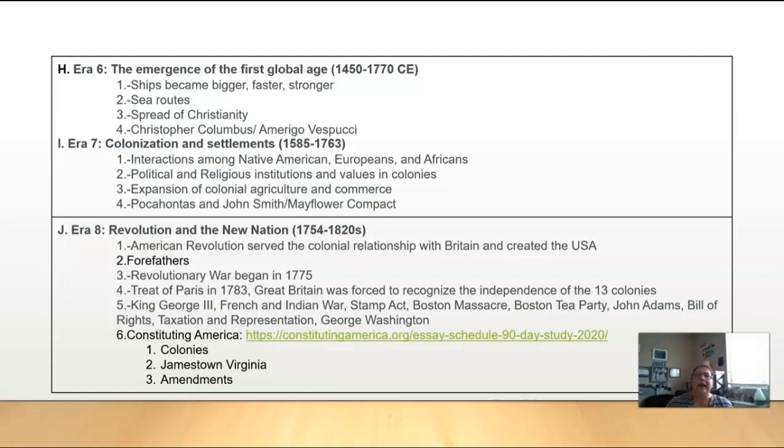You want to capture all of that knowledge. Know the sea routes that they took. Why was that important? The spread of Christianity. Then we go into colonization and the American Revolution. So you can start to see the birth of the United States in that 7th and 8th era.